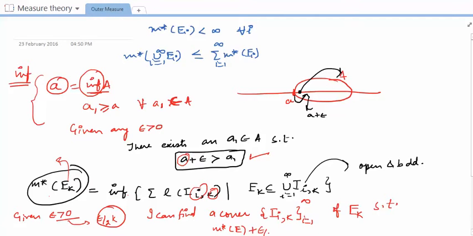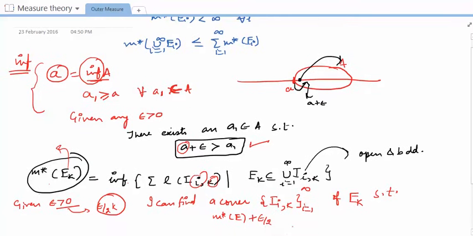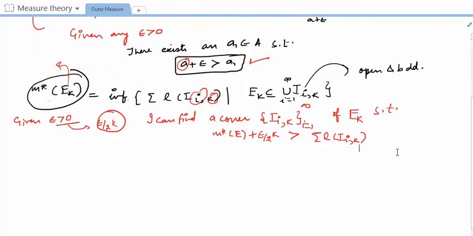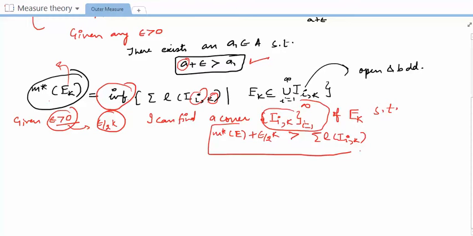You will come to know why I am dividing by 2 raised to power k. This is from the definition of M star of a set, which is an infimum, so I have used the definition of infimum. So for any epsilon greater than 0, I can find a cover of Ek by open and bounded intervals such that this thing is true.